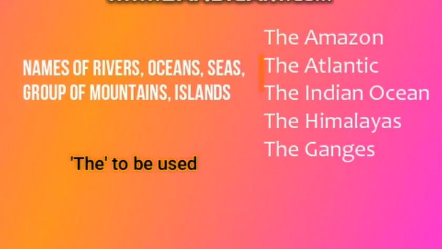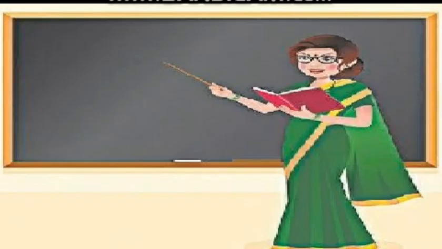Now, rivers, oceans, seas, groups of mountains, islands, use the. Okay? See, my dear children. The Amazon, the Atlantic, the Indian Ocean, the Himalayas, the Ganges. Okay? So, for such things use the with the names.